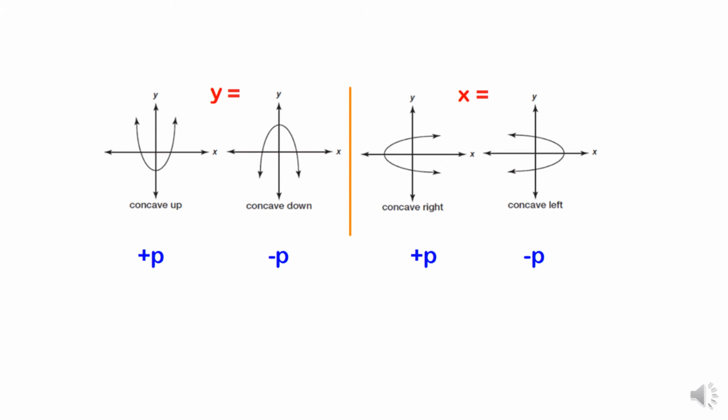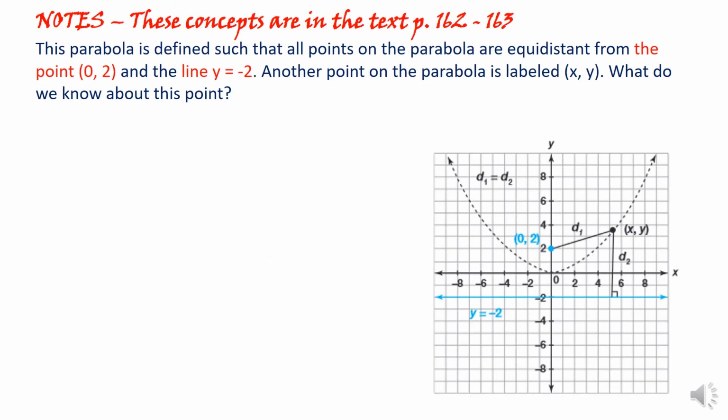And I say positive p or negative p because when I put it into the formula, negative 1 over 4p like this, I'm just giving the negative to the p to help you remember. Okay? All right. So these concepts are in the text on pages 162 to 163.